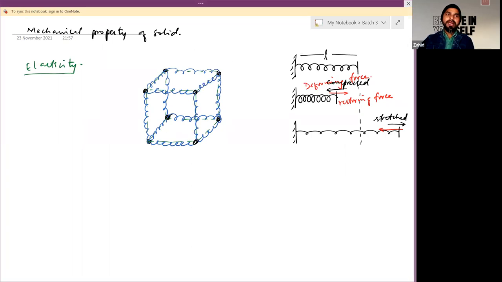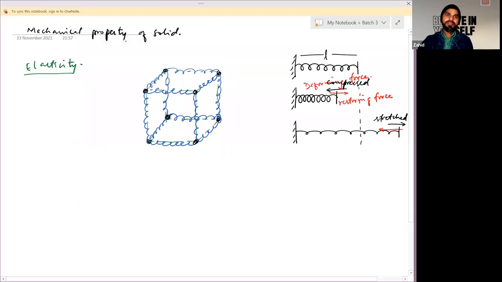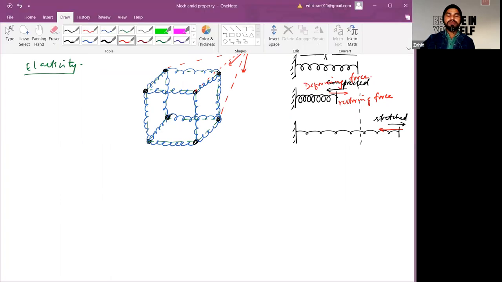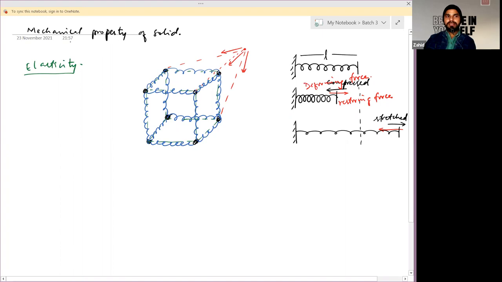So if you apply any deforming force on this cube to extend or deform this solid to this point, a force will develop on it to bring it back to its original shape. This tendency of a solid to regain its original shape on removal of deforming force is termed as elasticity.